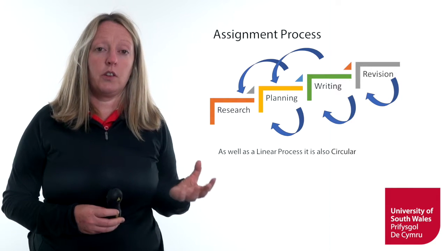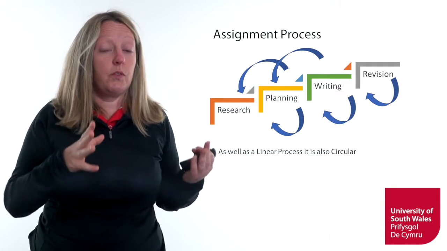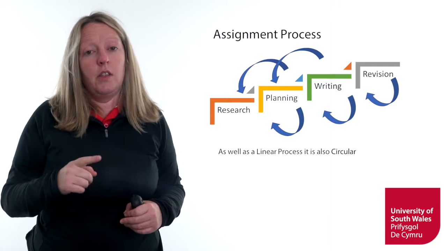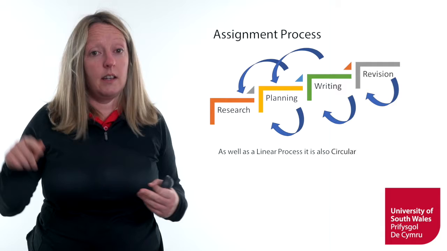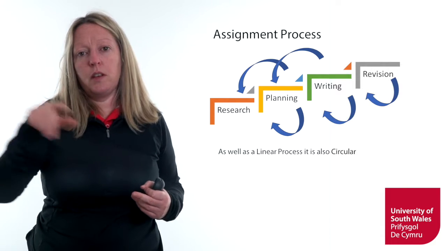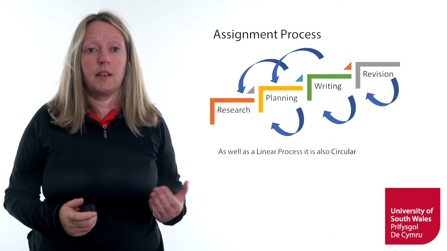So you might conduct some research and start planning, and then you may go back and do a bit more research because you've found something else that you want to look at. Then you're going to write some stuff up, and then you may come up with some more ideas and revisit that plan. So that process of going back and forth between research, planning and writing is going to occur throughout that assignment process.